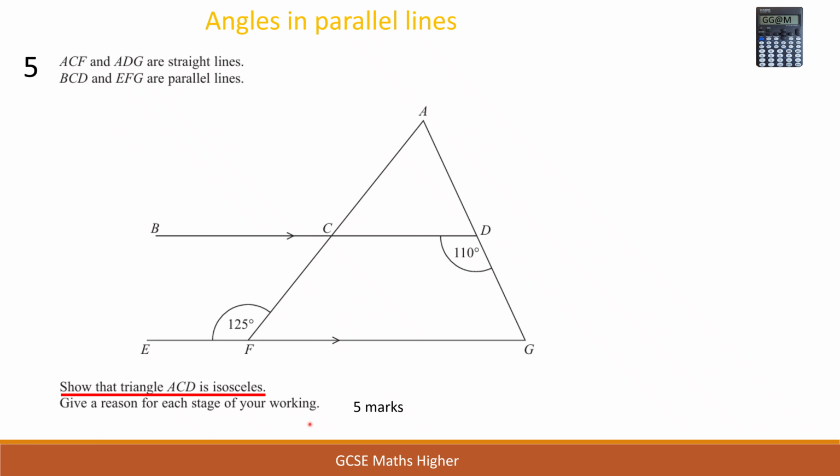You've got to give a reason for each stage of working, and this will give you 5 marks in the exam. Now remember, when you're working in parallel lines, you've got this X shape, which means angles vertically opposite each other are equal. So whatever this angle here is going to be the same as the angle on the other side. You've also got your F, which is your corresponding angles. So these corresponding angles means that this angle in here at F and the angle here at C are going to be the same.